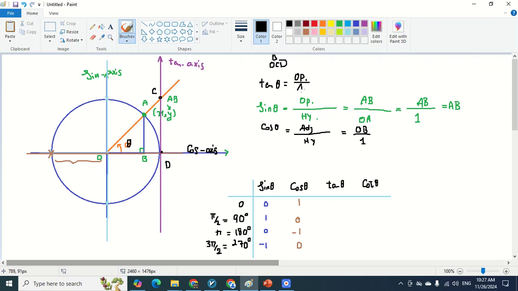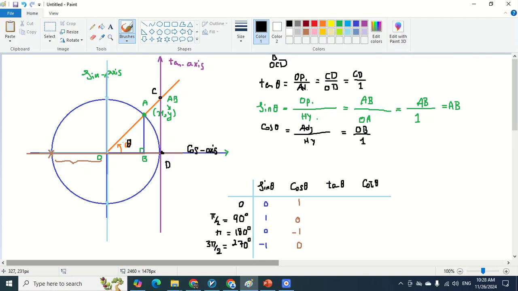The opposite side is the segment CD, and the adjacent side is OD, which is the same as the radius of this circle, equal to 1. So CD determines the value of the tangent: this length determines the tangent of theta. The length of a line from the origin of this axis, which is D, determines the tangent.